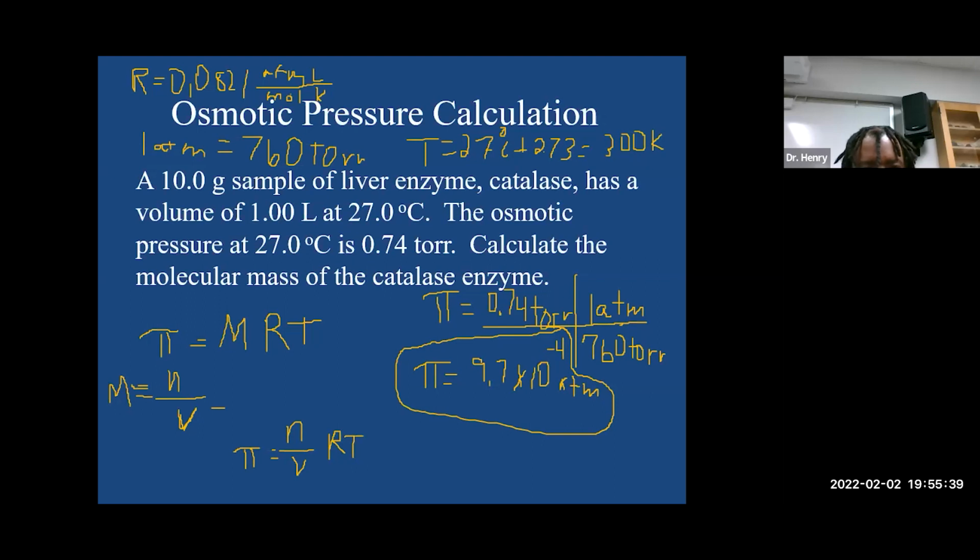And then we're going to solve for N. So N is going to equal pi V over RT. And then we can plug in our values.